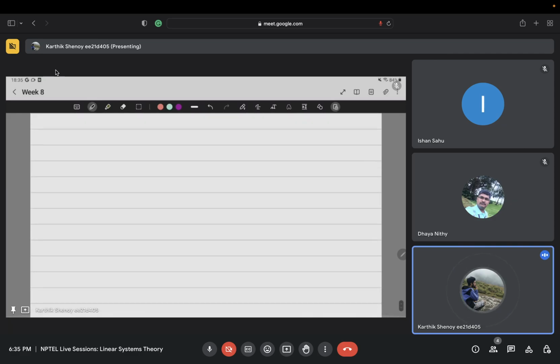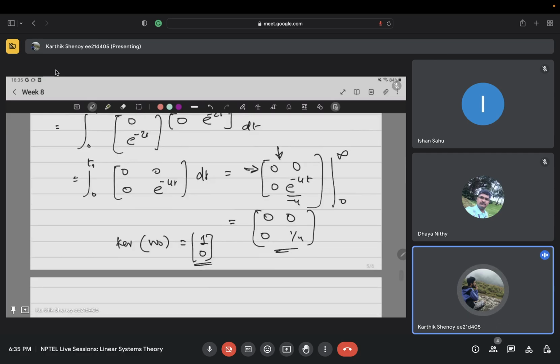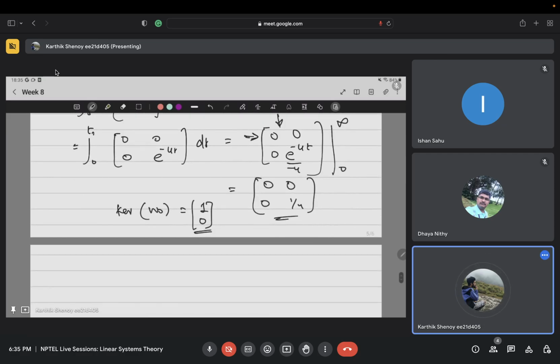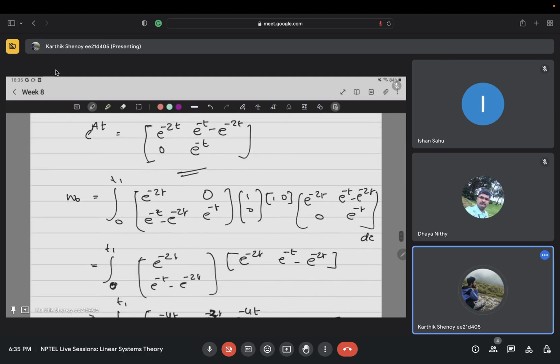So you can see what is the kernel of this. Kernel of W0 is nothing but the vector 1 0, which is exactly what we got earlier also, right? So the kernel of this W0 is same as your unobserved subspace. Okay, so that's the thing.